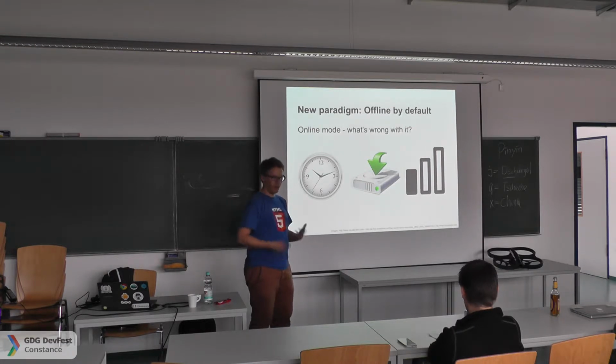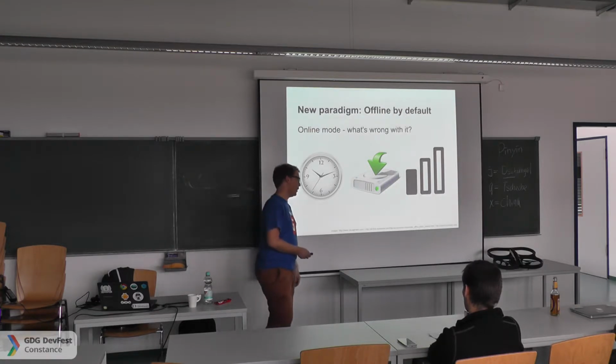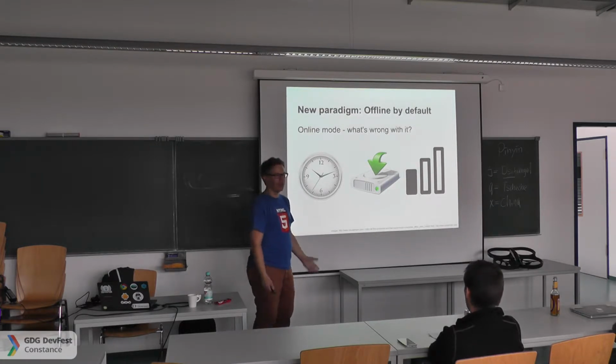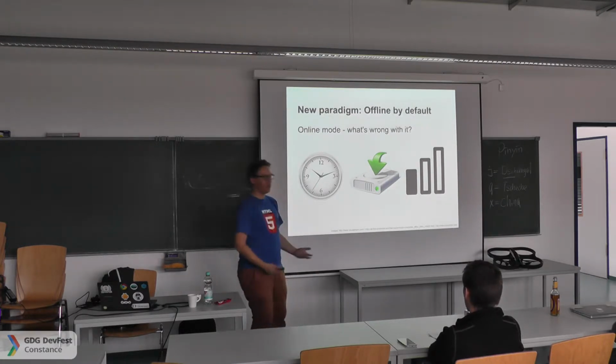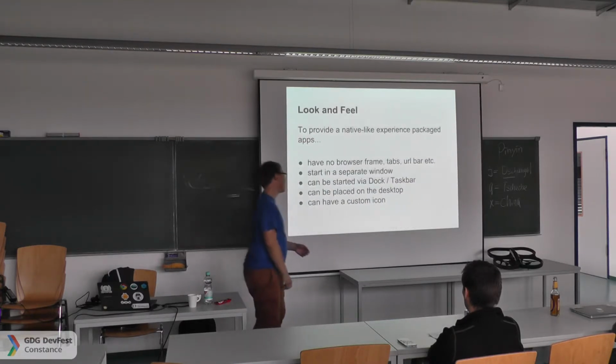I know not every use case allows this. If you make a stock trading app or something, it may be useful to have a constant internet connection. But if you do something with pictures, you can do it offline most of the time, and just for sharing or updating or saving, you need it.